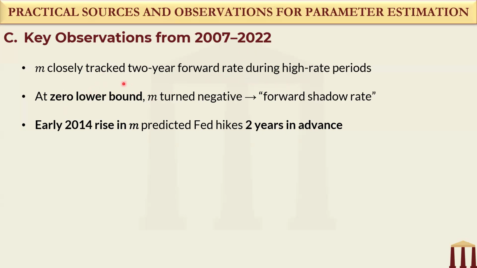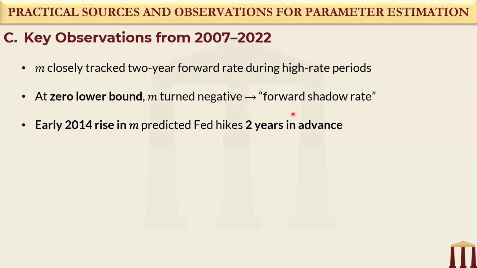Now, during the times when interest rates were close to zero, especially near the zero lower bound, the medium term factor turned deeply negative. So this acted like a kind of forward shadow rate, which reflected the market's pessimistic outlook on future interest rate hikes by the central banks.